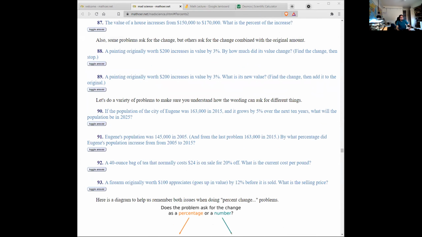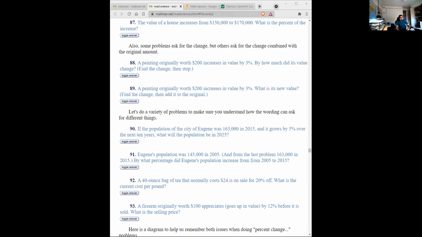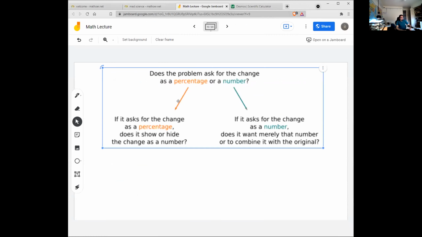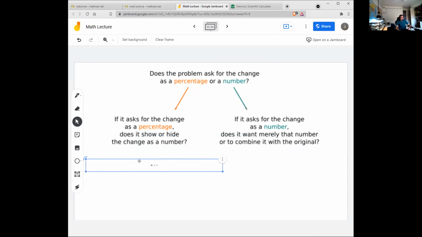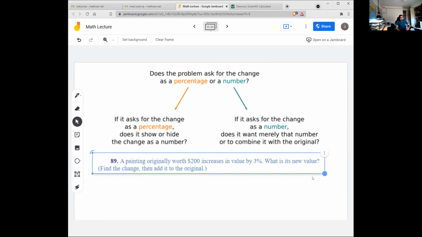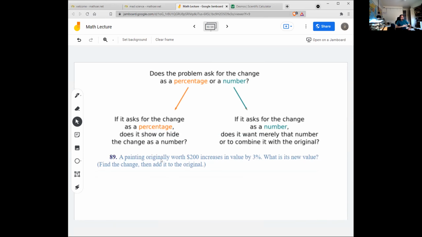One moment. So a painting originally worth $200 increases in value by 3%. What is the new value?